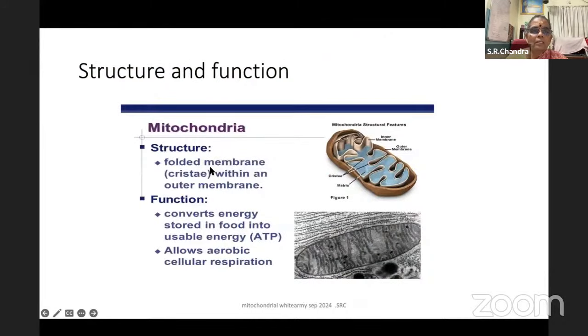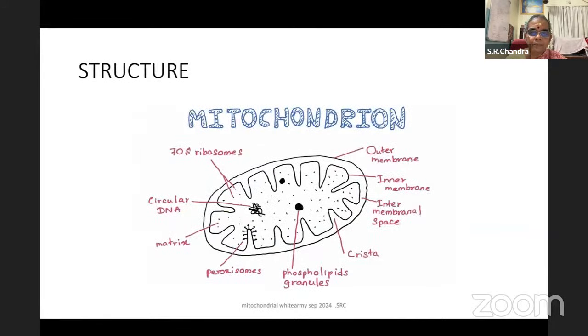And here we can see that it has got a folded membrane within an outer membrane. This folded membrane is called cristae, and its function is to convert energy stored in food materials into usable energy. The energy stored in food materials is not in the usable form. Here it becomes converted into usable form, that is ATP, and allows aerobic cellular respiration.